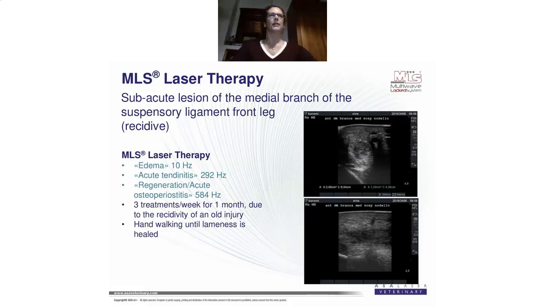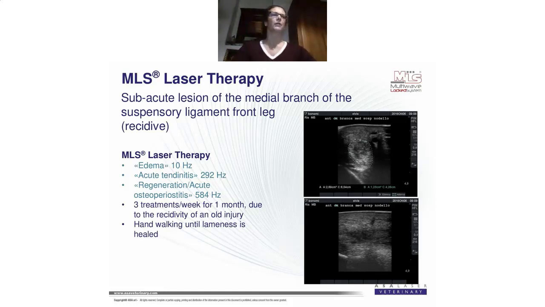Here another, a different lesion, a subacute lesion of the medial branch of the suspensory ligament in a front leg. It was a recidive. And again, which protocols? Edema, of course, we see there is a lot of edema, acute tendonitis, and 584 Hertz.